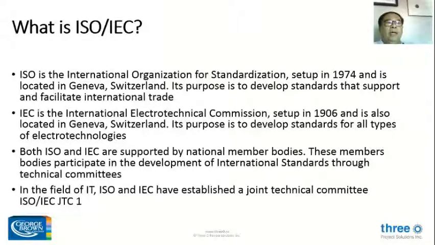Some of you may already be familiar with ISO in some way. It stands for International Organization for Standardization. It was set up back in 1974, and it's currently located in Geneva, Switzerland. Switzerland has long been regarded as an independent country. Even though it's in the middle of Europe, it doesn't use the euro, it uses the Swiss franc, so it's in the middle of that but not part of Europe.